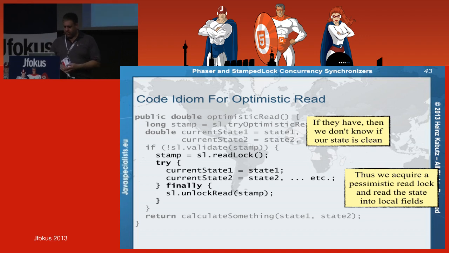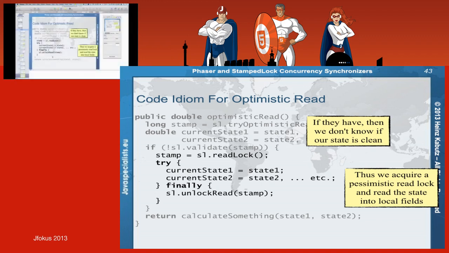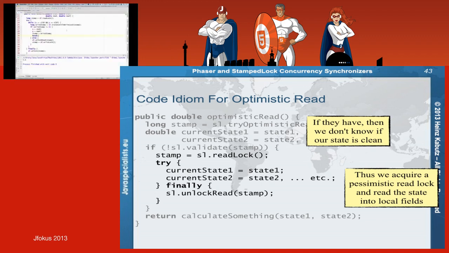So the way that you would do this with distance from origin, you'd say long stamp equals sl.tryOptimisticRead.